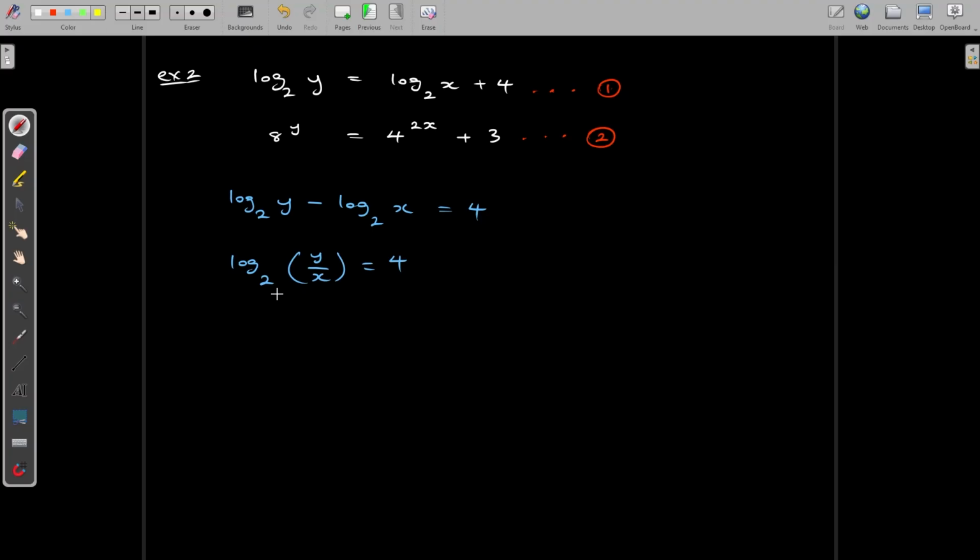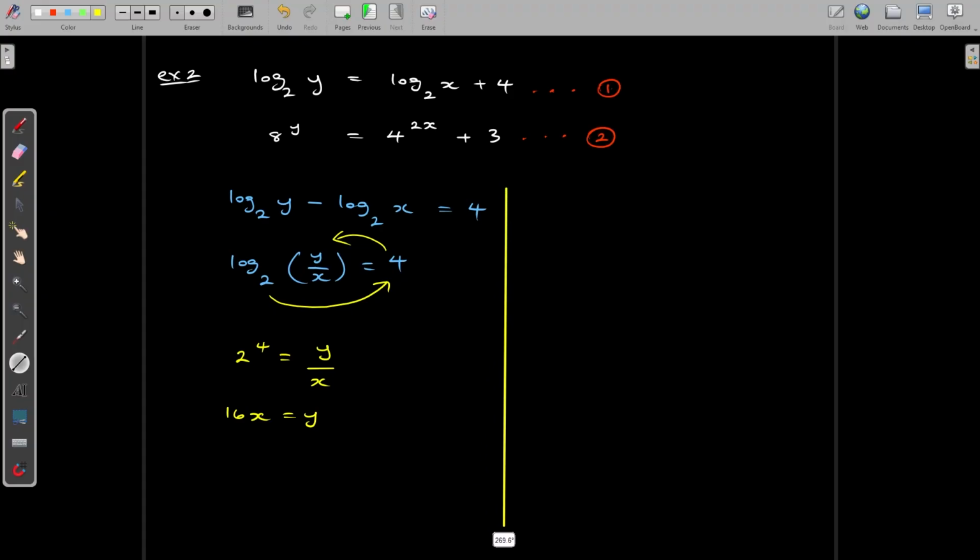Then going from log to exponent, 2 to the 4th power is equal to y over x. So this is 16x is equal to y. So 16x is equal to y.